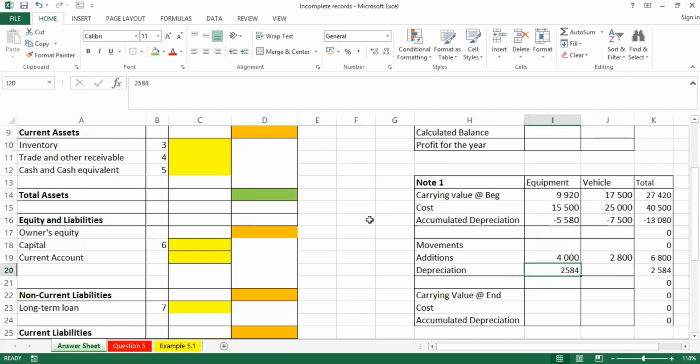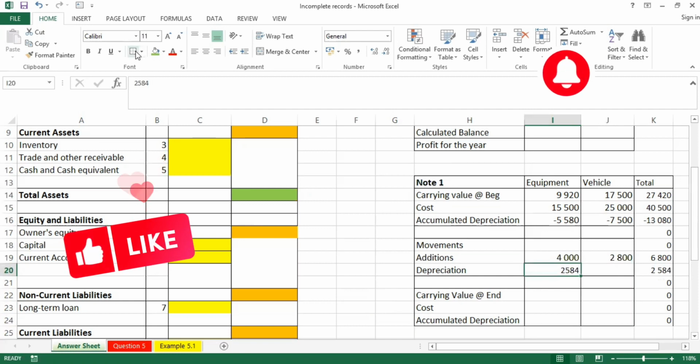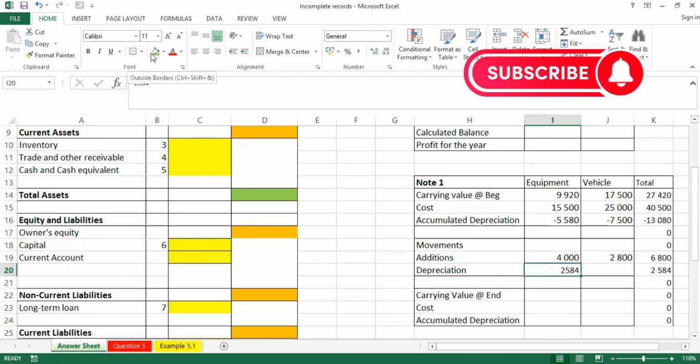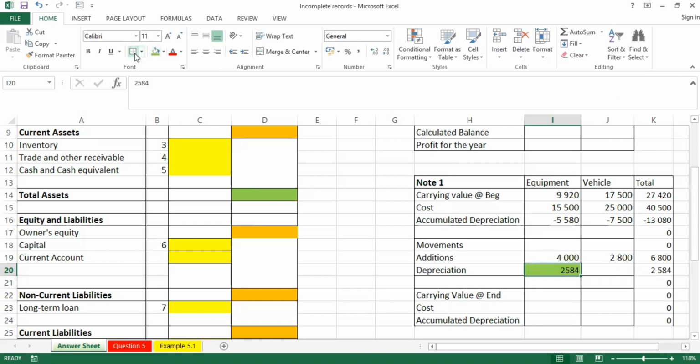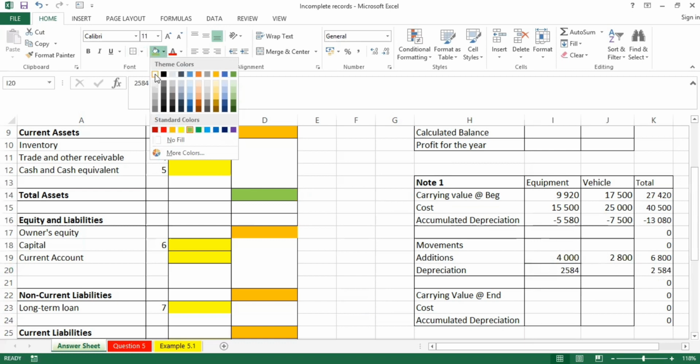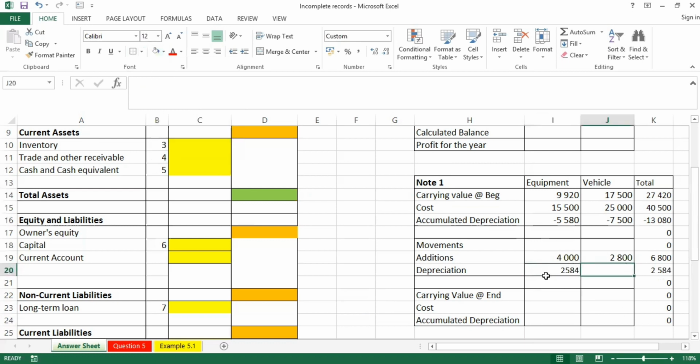Okay, so now we have to do for vehicle. What are we supposed to do? They told us that it's 15% on straight line method.